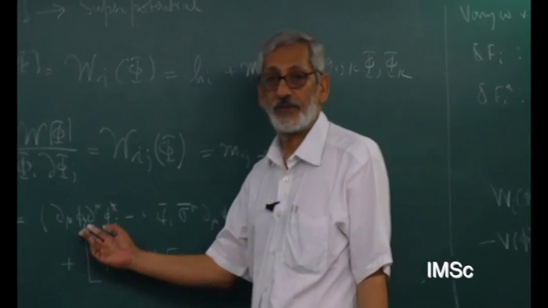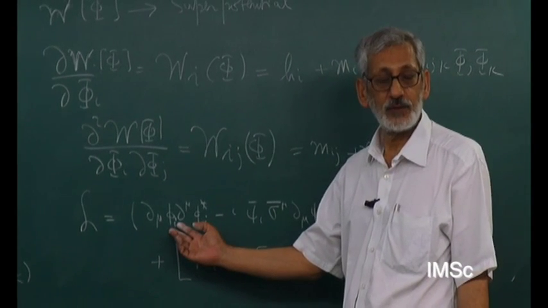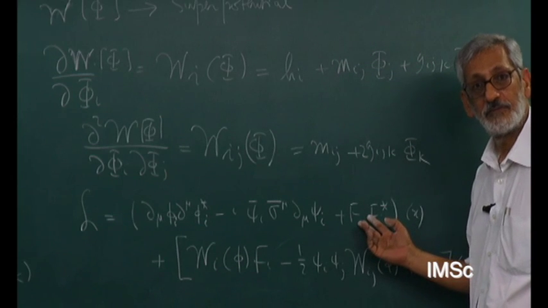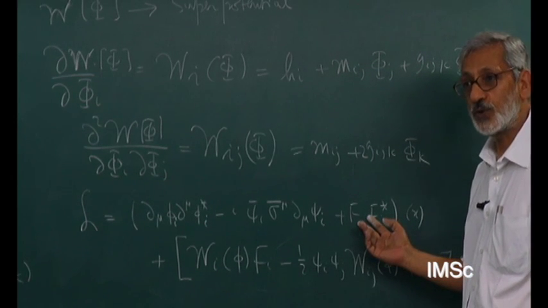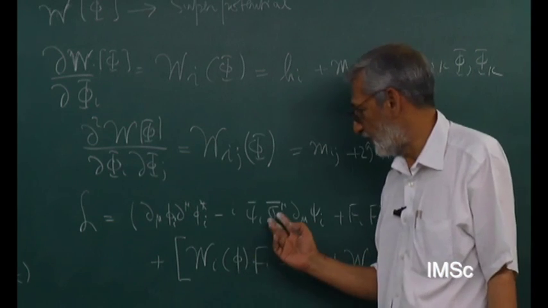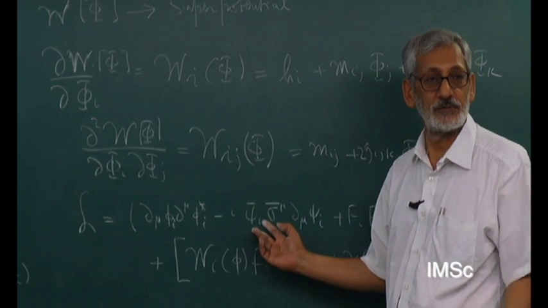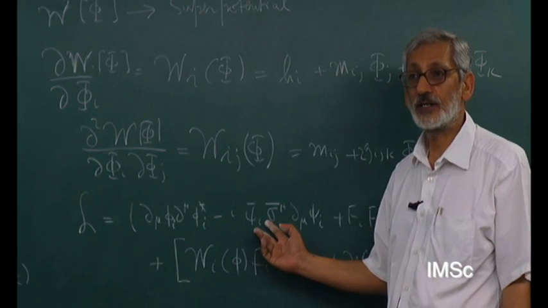2 complex for each i value in psi, 2 real components in phi, 2 real components in F. So 4 bosonic real components on one side, 2 complex components, that's 4 real components.